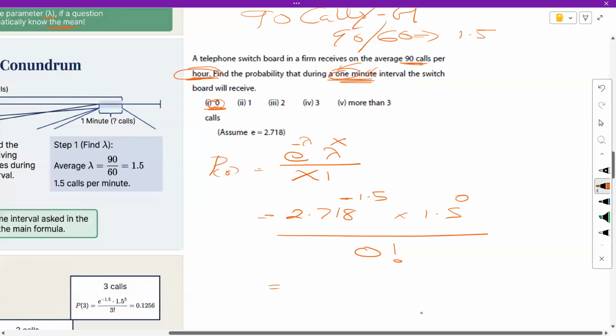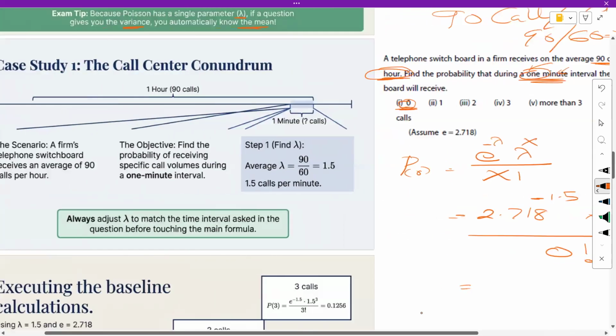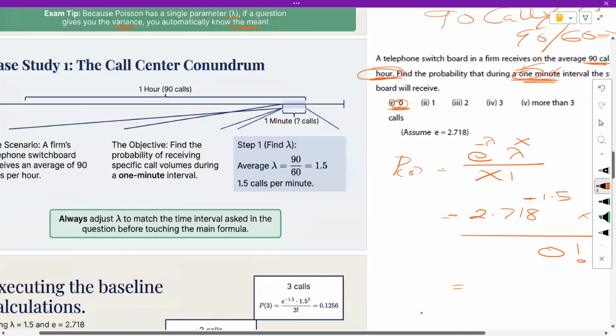When we solve this, we can find the probability of getting 0 calls.